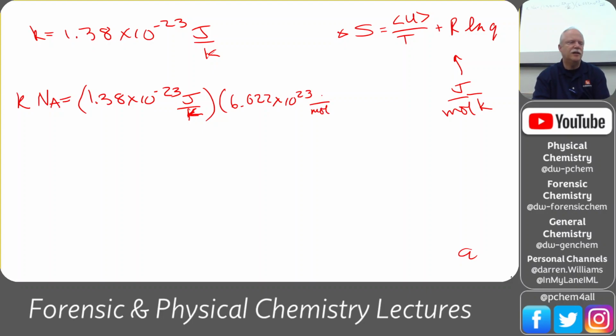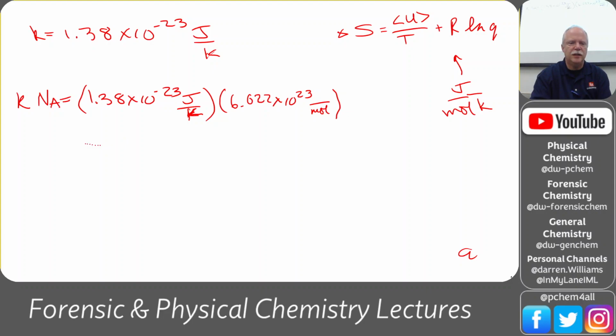We never say the thing on top. It's particles per mole, or things per mole, just like a dozen. A dozen is 12 objects, so it's 12 per dozen. A mole is like a dozen.